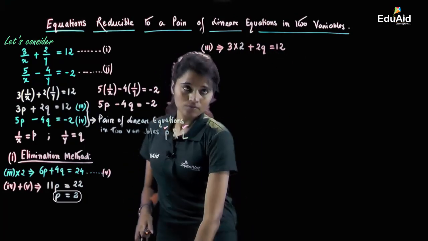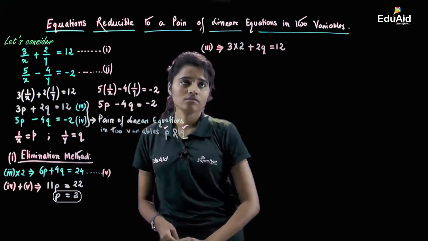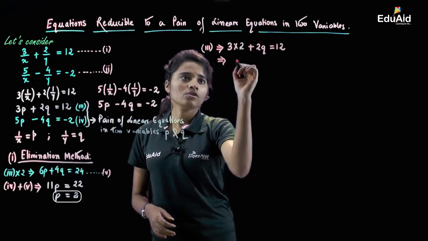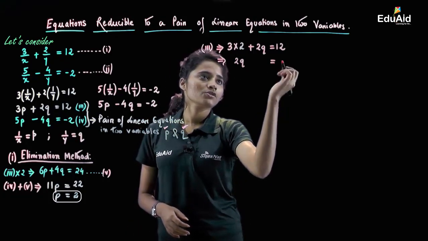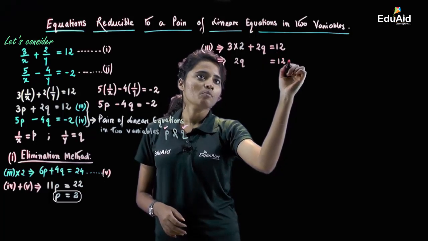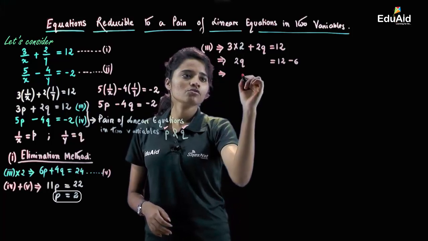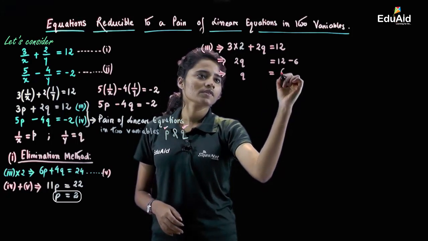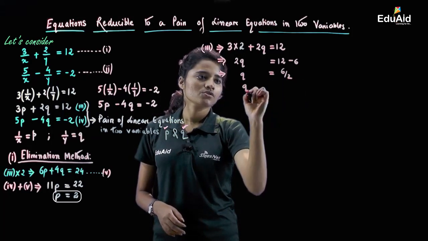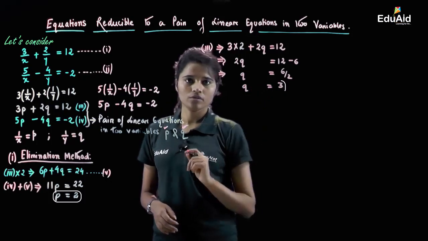So I can write 2q is equal to 12 minus 6. So this will be q is equal to 6 by 2, that is q is equal to 3.